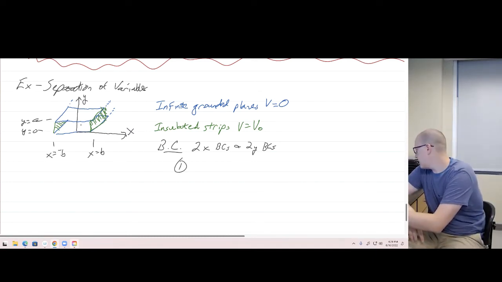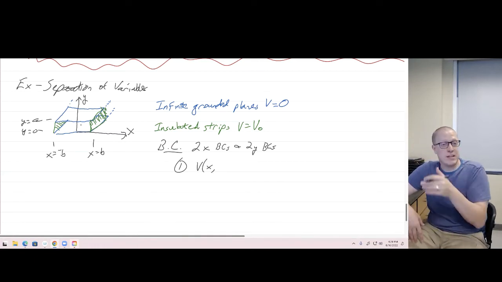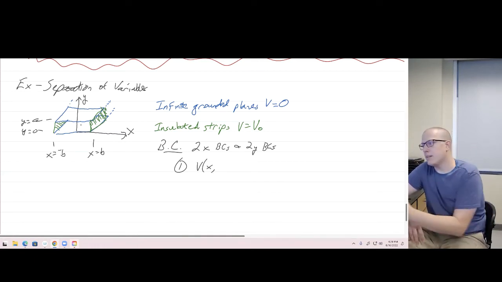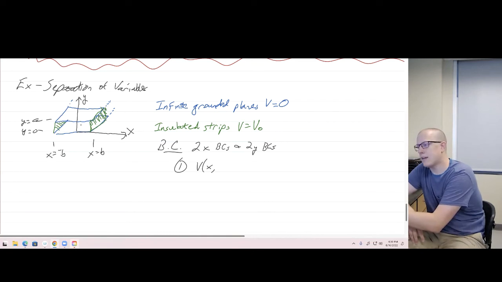So let's do the two y boundary conditions first, because those will be easier to deal with. Remember, a y boundary condition means we know the potential at a value of y. x can be anything, but actually, let's be more exact about that.